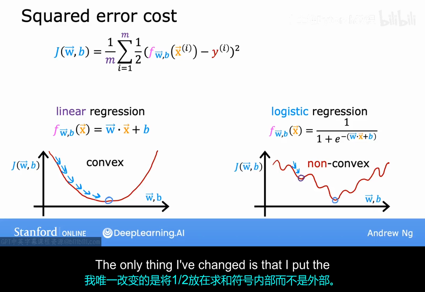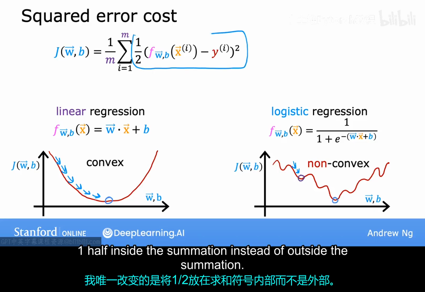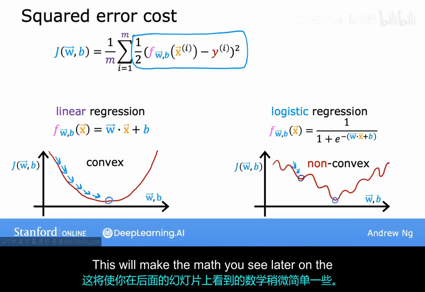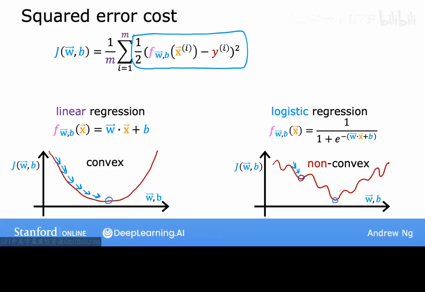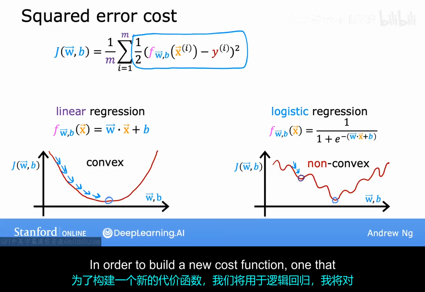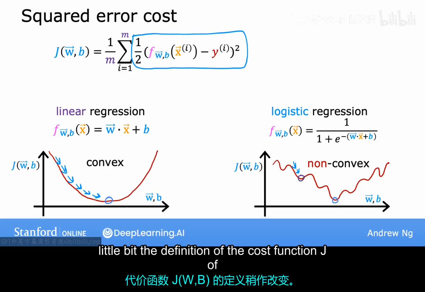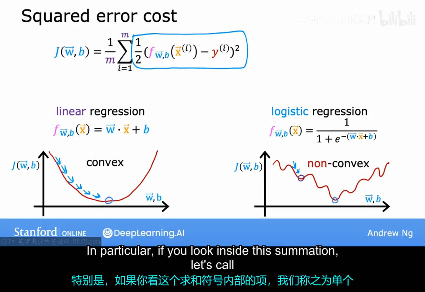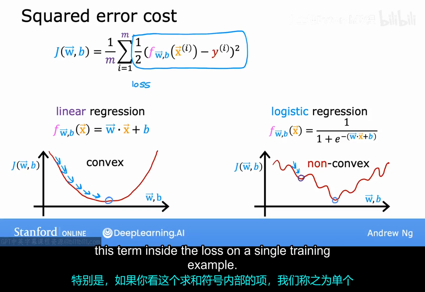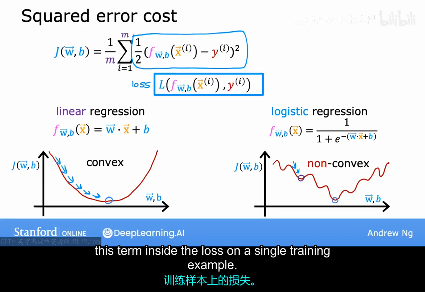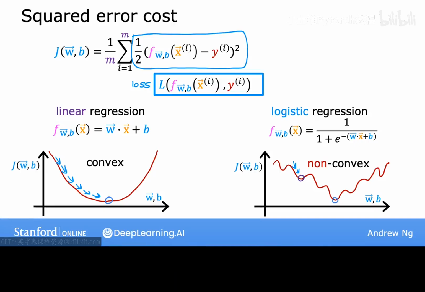The only thing I've changed is that I put the 1/2 inside the summation instead of outside the summation. This will make the math you see later on the slide a little bit simpler. In order to build a new cost function, one that we'll use for logistic regression, I'm going to change a little bit the definition of the cost function J of w and b. In particular, if you look inside this summation, let's call this term inside the loss on a single training example.